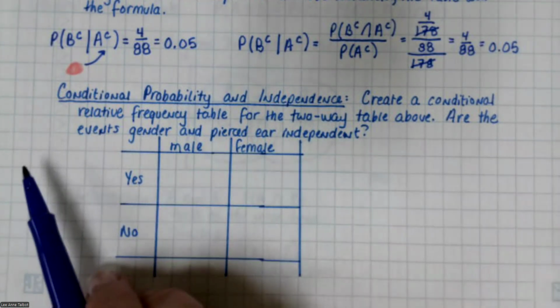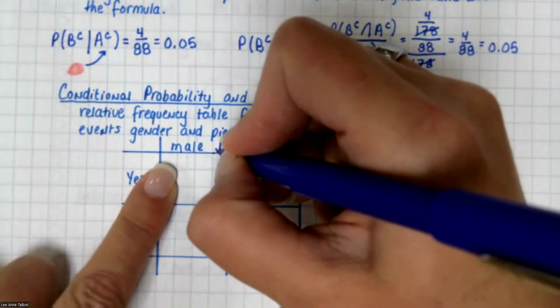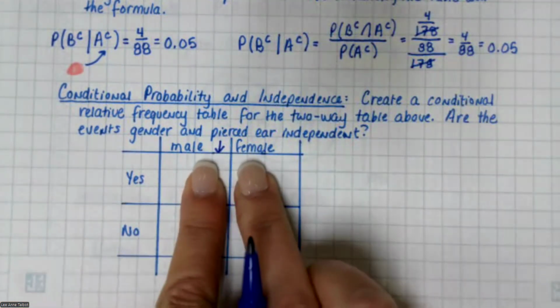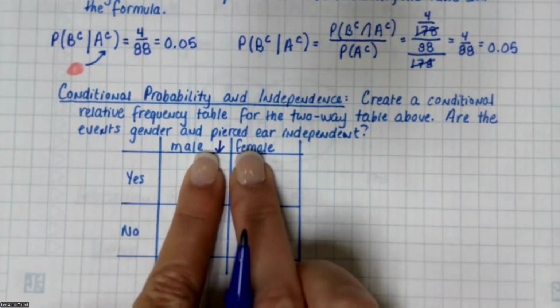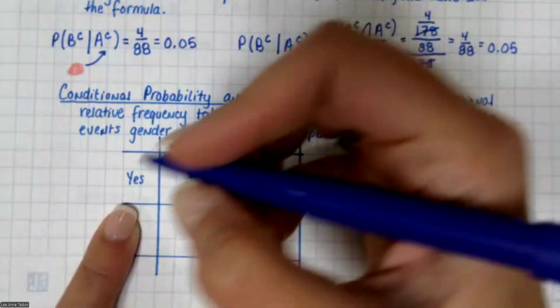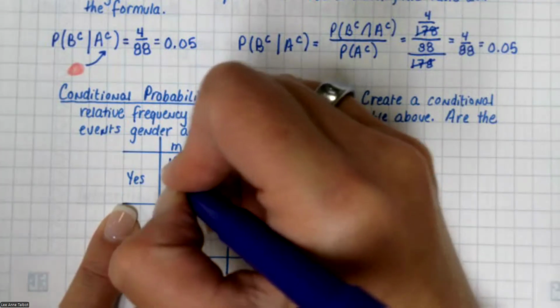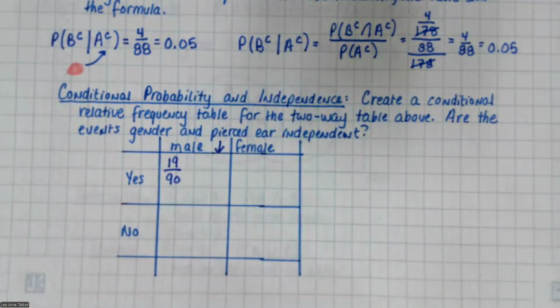Create a conditional relative frequency table for the two-way table above. So we determined that gender is explanatory, which means we divide down. In this box, what I'm saying is this box would be 19 over 90.